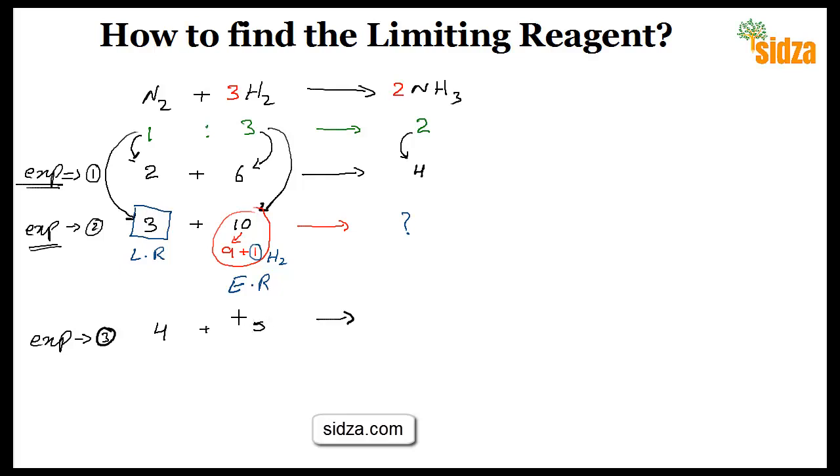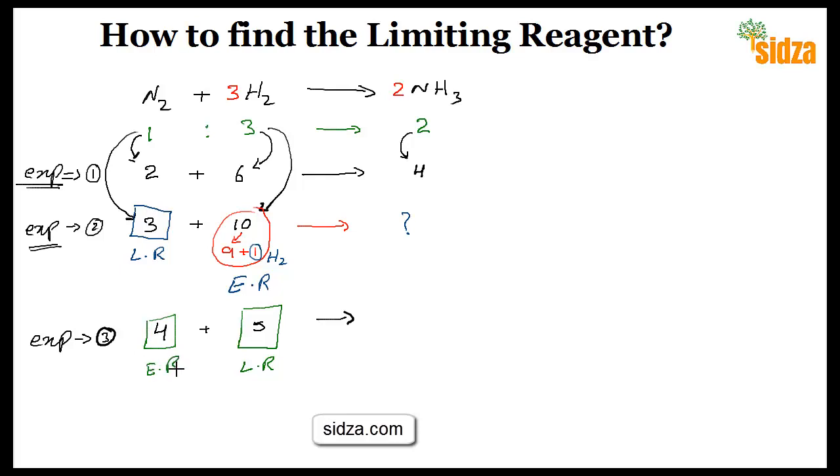That means you have this one in limited quantity. You need 12 moles of hydrogen to react with the 4 moles of nitrogen, but you only have 5 moles. Therefore you can say this is my limiting reagent and this is my excess reagent.